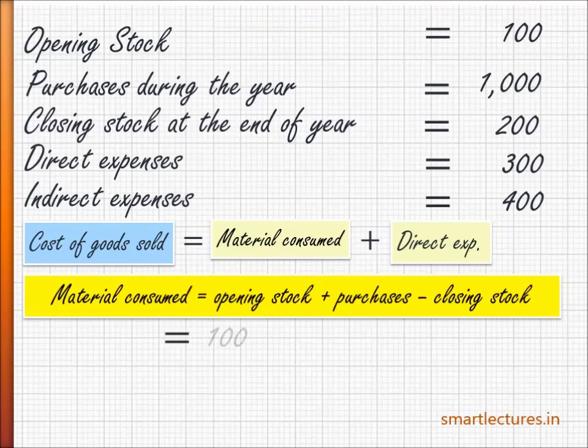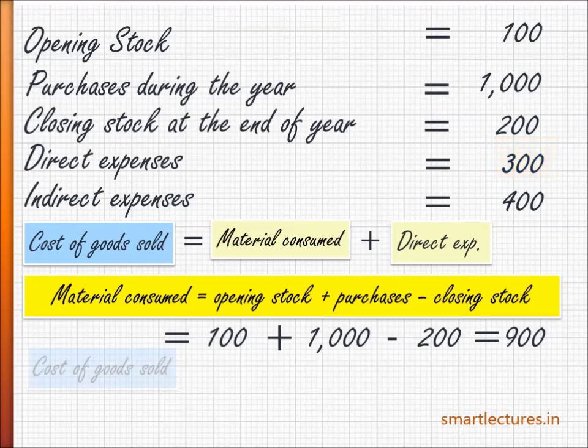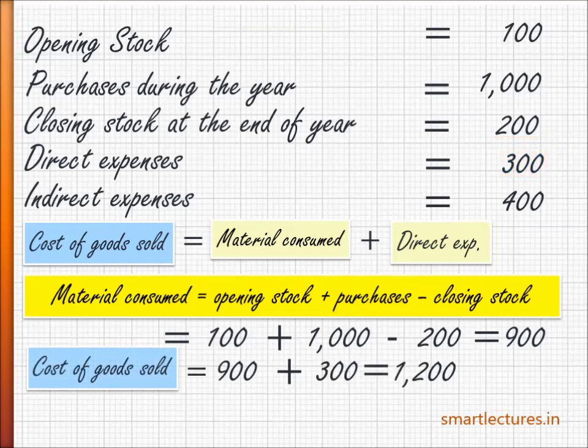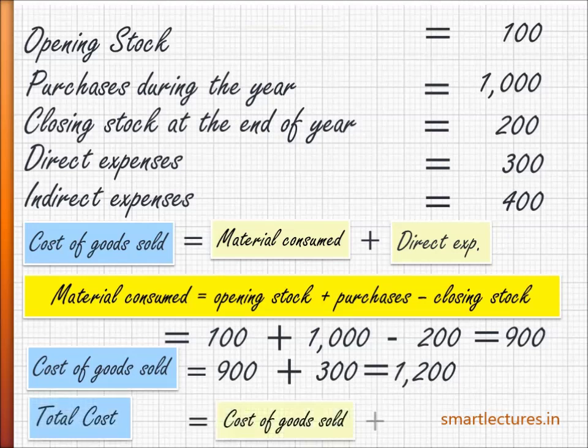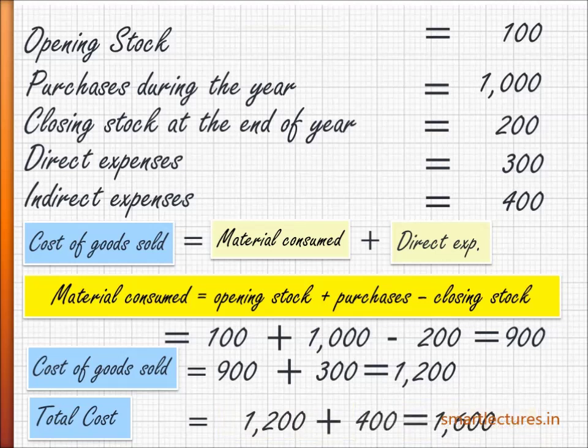That will be 100 plus 1000 minus 200, means 900. So material consumed is rupees 900 and direct expenses rupees 300. So cost of goods sold will be equal to 1200. So what will be the total cost? The total cost will be equal to cost of goods sold plus indirect expenses. That will be 1200 plus 400 equal to 1600.